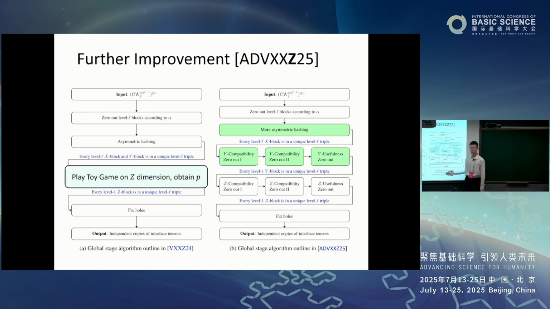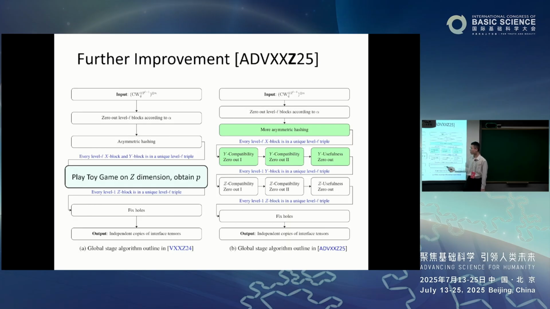In these sub-steps, there are some of them corresponding to playing the toy game on z dimension. This toy game will give us a parameter p, and because we are getting p inverse tensors instead of one tensor, this creates an advantage over the traditional approach. And why we only play the toy game once on one dimension instead of on all 3 dimensions simultaneously, this is related to how this toy game integrates into this technical context.